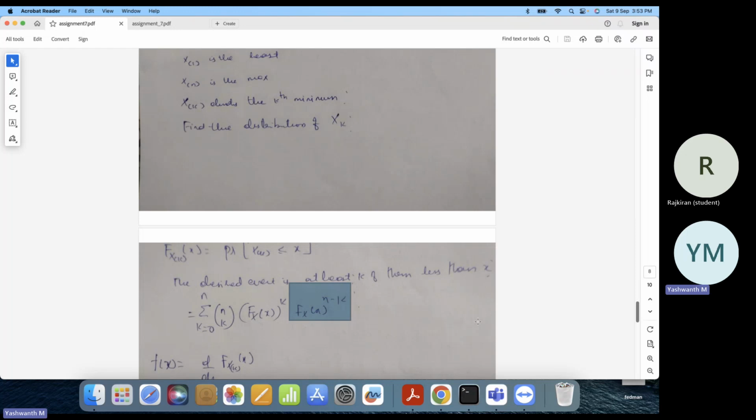You're doing a coin toss, and out of 10 tosses, what is the probability of getting two heads? Now, those two heads link to k. You can assume getting a head is an event less than or equal to x here, and there are n of them. N tosses happen, and you want the toss for which xk is less than or equal to x.